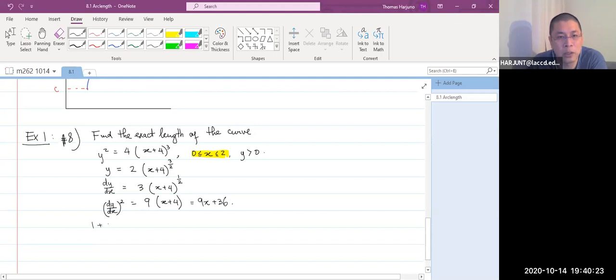So square root of 1 plus (dy/dx) squared will be square root of 9x plus 36 plus 1.